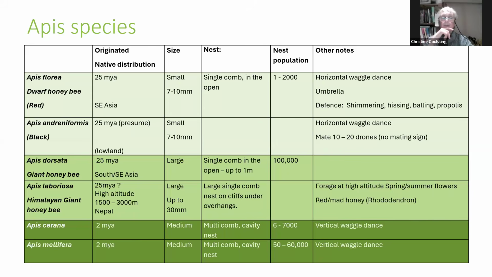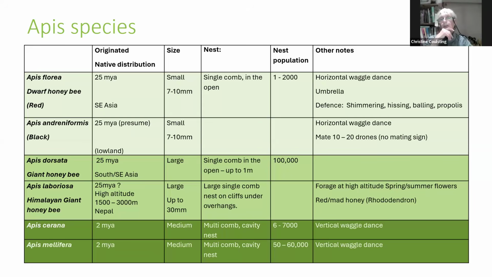Apis mellifera and Apis cerana are actually quite recent honeybees, whereas a lot of the other ones, the dwarf honeybees and the giant honeybees, originated so much further back, 25 million years ago.